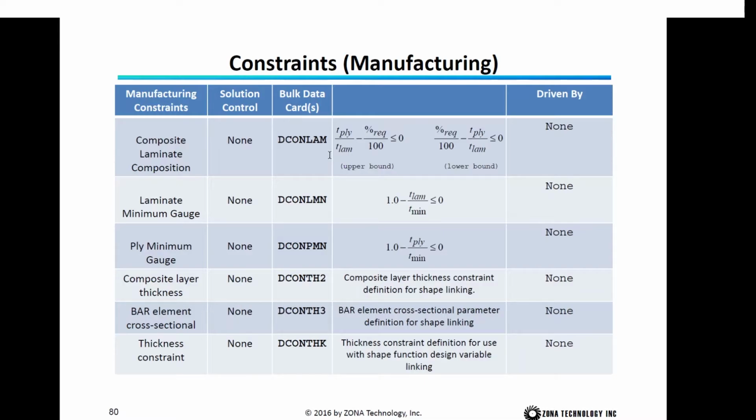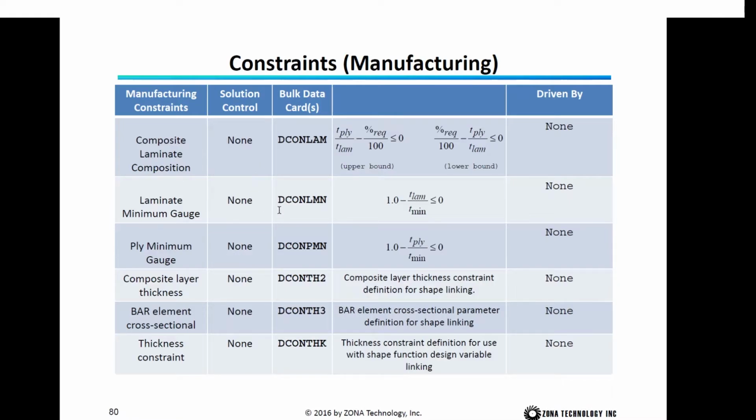So we only have those properties in our database. Therefore, for the optimized structure, we want the resulting laminate's 0 degree ply thickness in the total thickness to be within 40 and 60%. Okay, so this is the so-called DCONLENGTH.